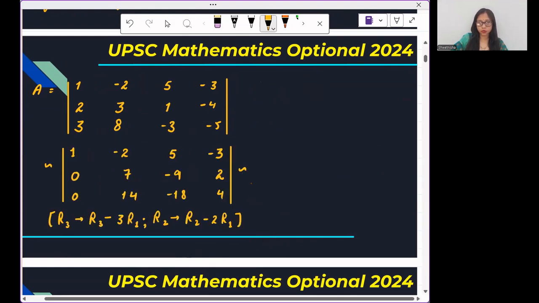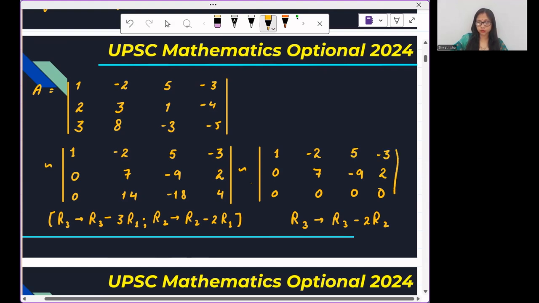This is equivalent to, if you apply operation on R3 as R3 minus 2 times R2, then entire third row will become 0, and here we have 0, 7, -9, 2, 1, -2, 5, and -3.